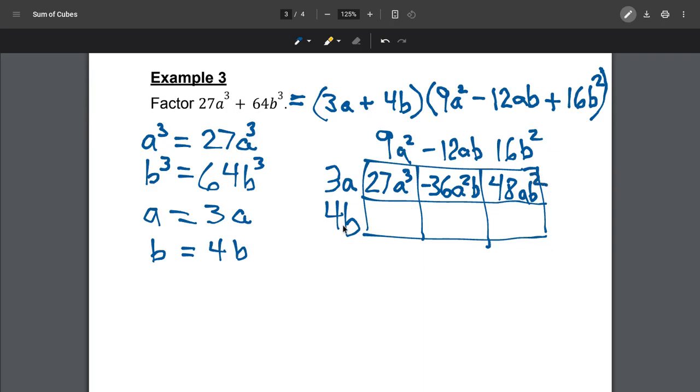9a squared times 4b is going to be 36a squared b. 4b times negative 12ab is going to be negative 48ab squared. And then 4b times 16b squared is 64b cubed.